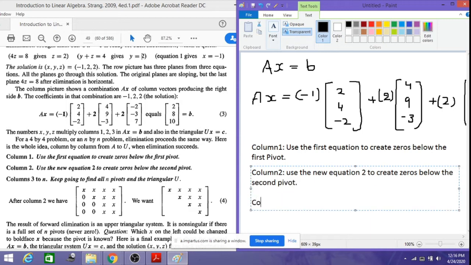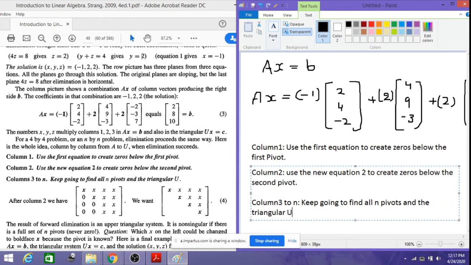Then third column, in columns 3 to n, keep going to find all n pivots and the triangular U. So that is what it means.